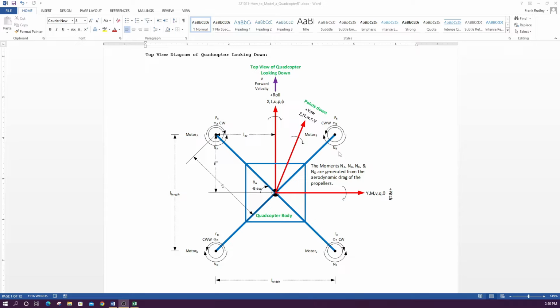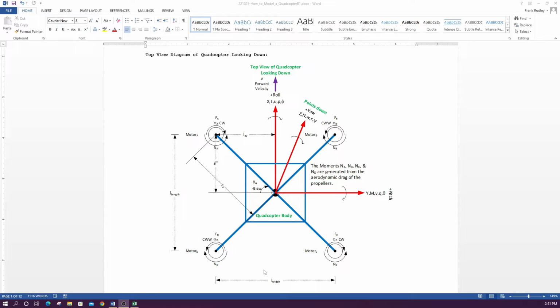So the aerodynamic drag NB and ND decrease, and the aerodynamic drag of NA and NC increases, which gives you a net overall drag, a net yaw moment N that would turn it to the right. So basically that's how you turn in quadcopters.